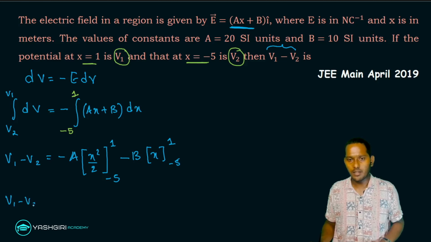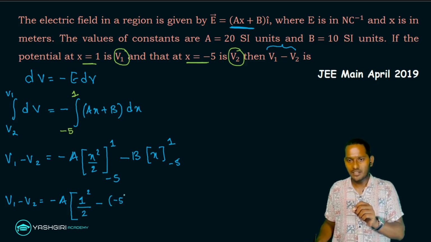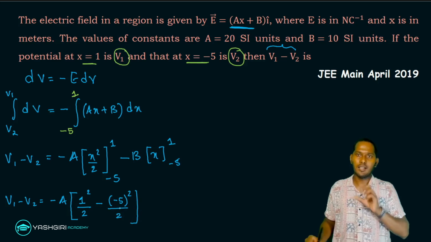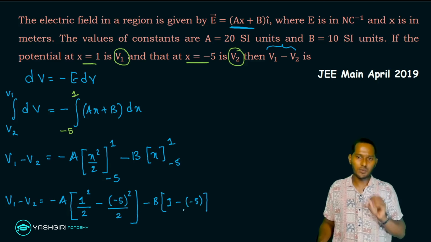So V1 minus V2 is minus A, and when I substitute the limits here, x square, upper limit is going to be 1 square upon 2 minus the lower limit. You just substitute at the place of x, minus 5 the whole square divided by 2, and this is what I have made as a substitution here. And a minus B is going to be 1 minus of minus 5, right? So this is what I'm done.